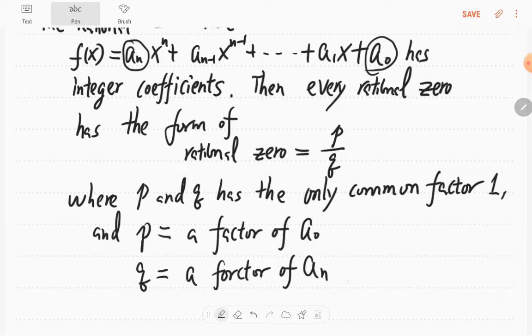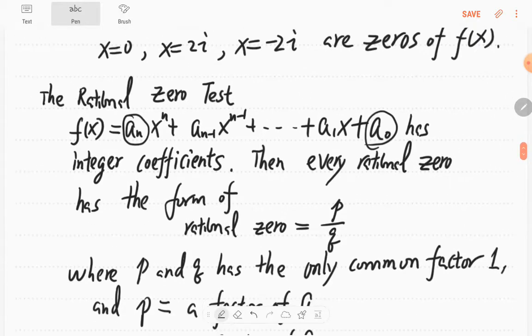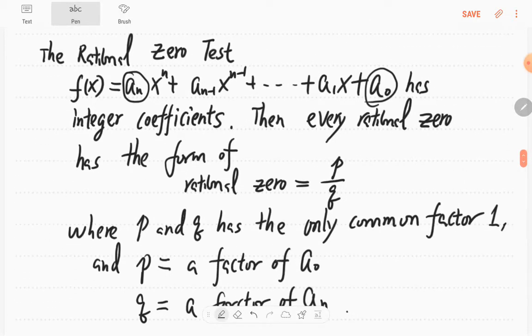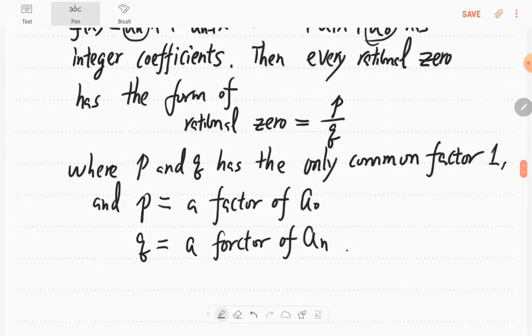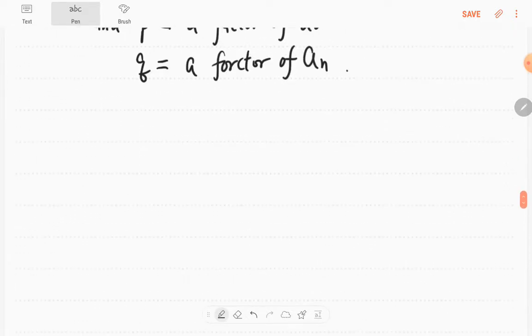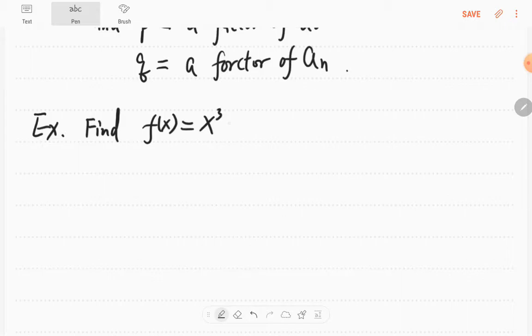The idea is we can use this rational zero test to locate all the possible rational zeros. Then we try each one to see if it makes the function 0, by plugging the number into the function to see what happens. Now let's look at an example: f of x equals x cubed plus x plus 1. Find the rational zeros.